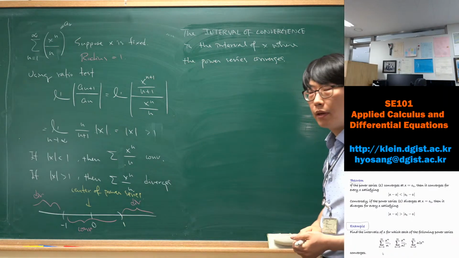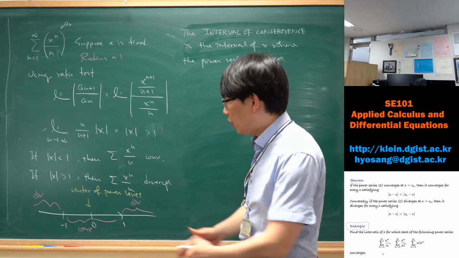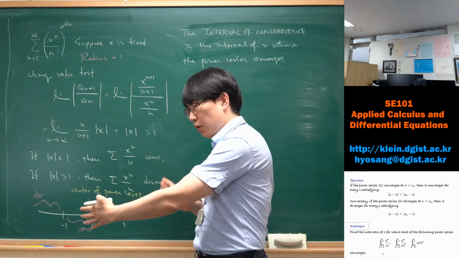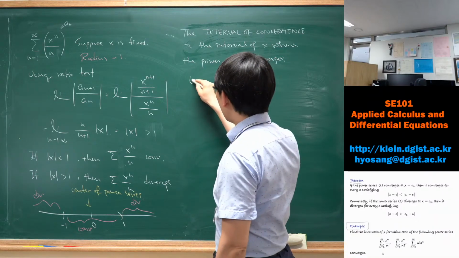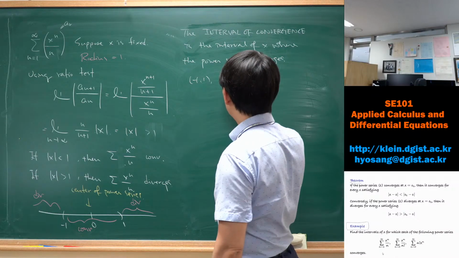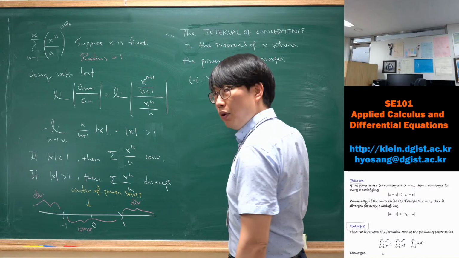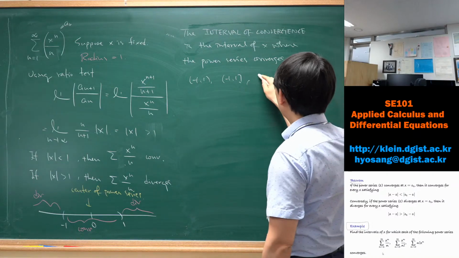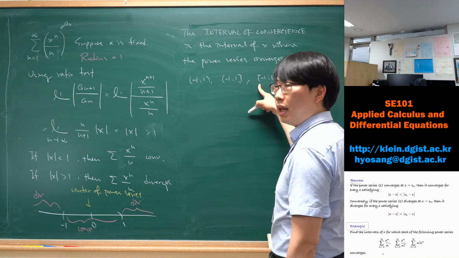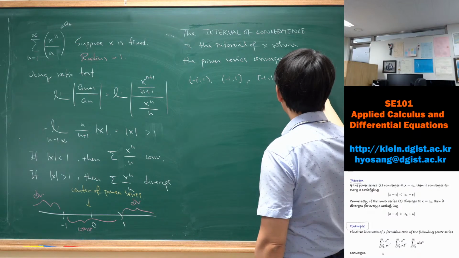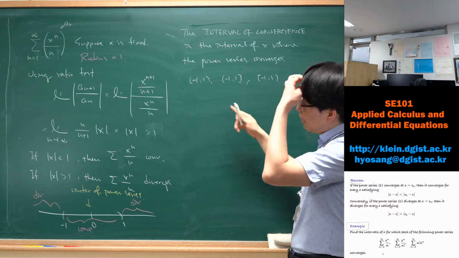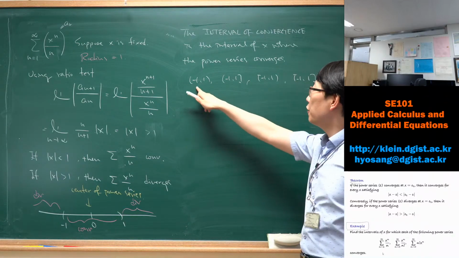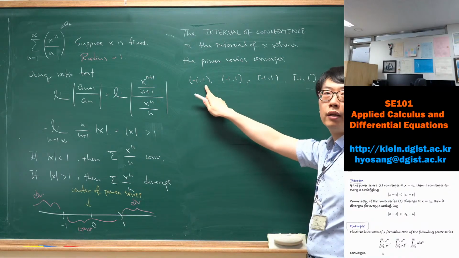Okay. So in this case, we only know the radius. So the interval of convergence could be (-1, 1), or (-1, 1] closed on the right, or [-1, 1) closed on the left, or closed on both sides. Which one is the interval of convergence? It only matters to check the convergence and divergence at the left end and right end.